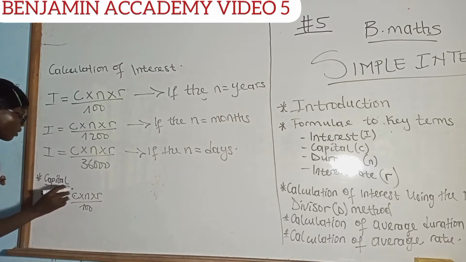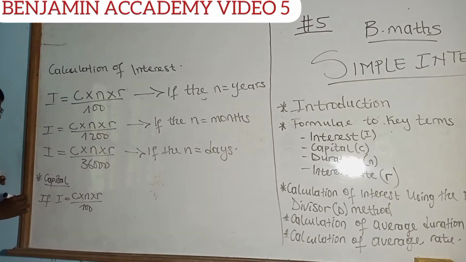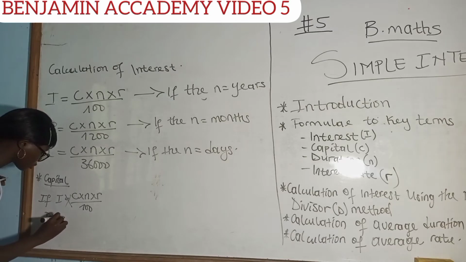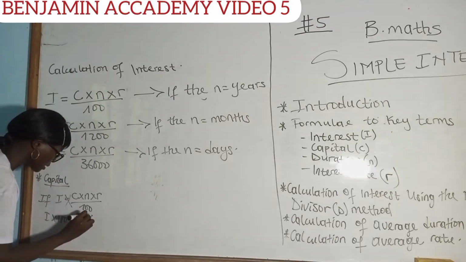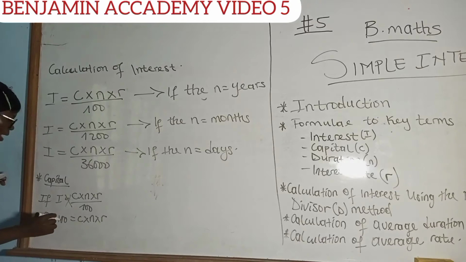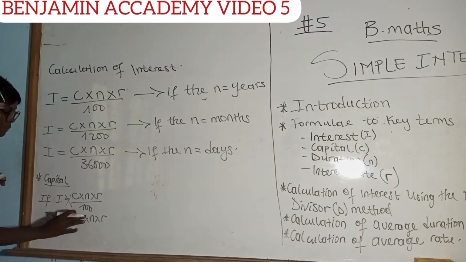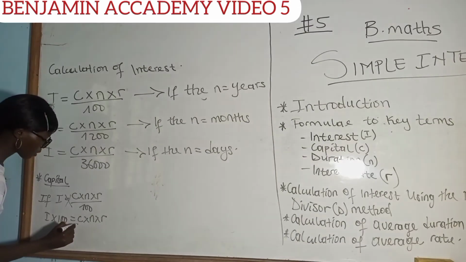The C is the unknown. We cross multiply. We get interest times 100 is equal to C times N times R. Then you divide both sides by N times R for you to make C the subject of the formula.